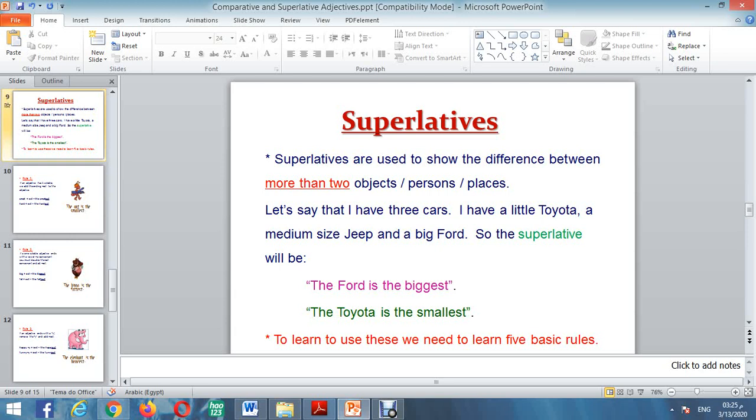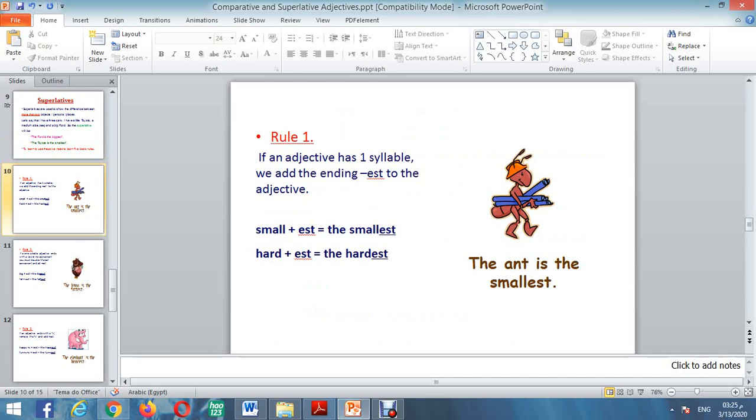To learn to use superlative, we also need to learn 5 basic rules. Like comparative, very easy. But in brief, we use the plus short adjective plus est, and this is rule number 1.